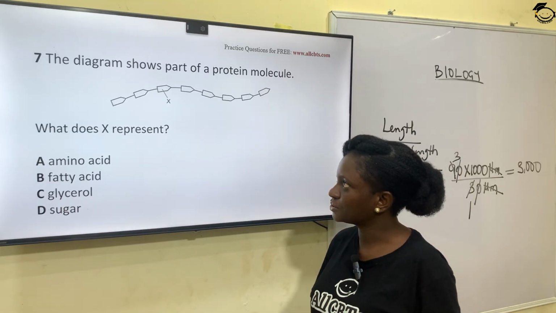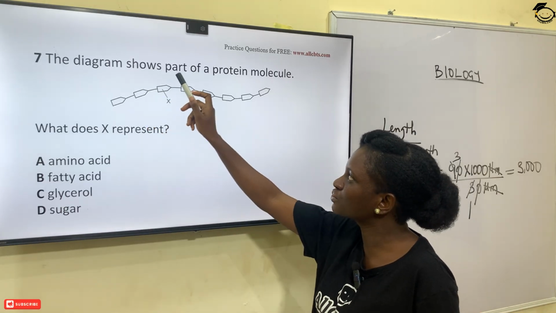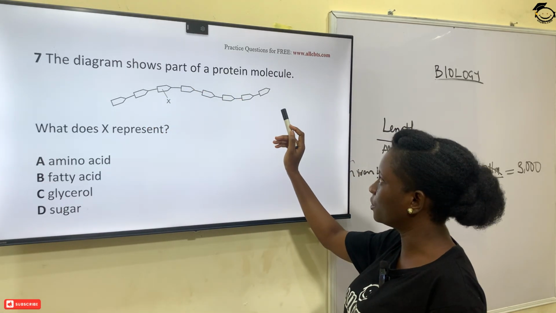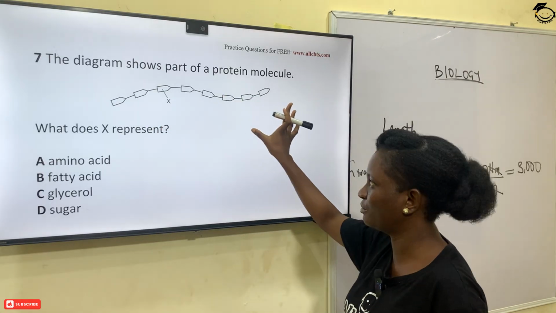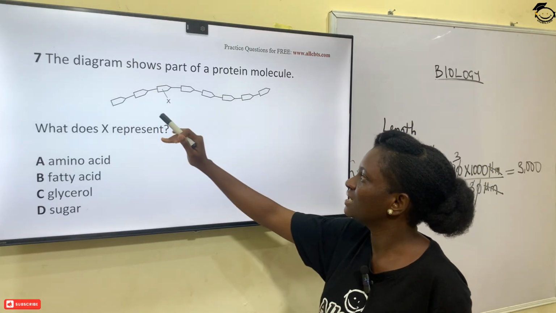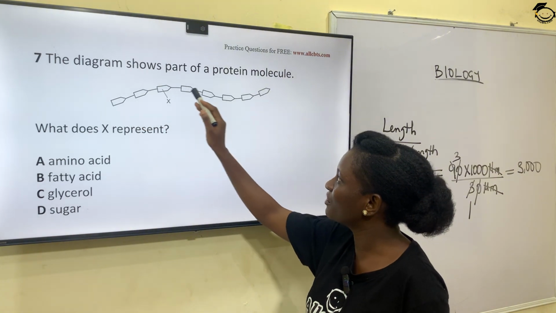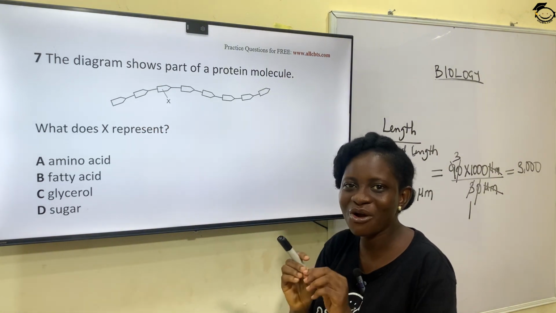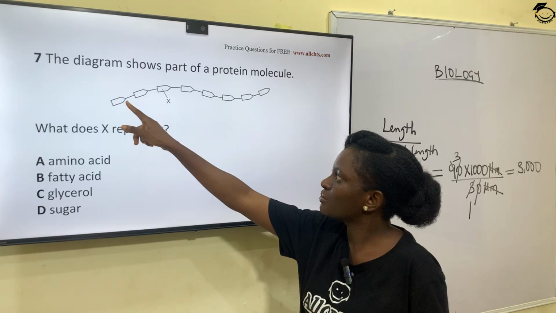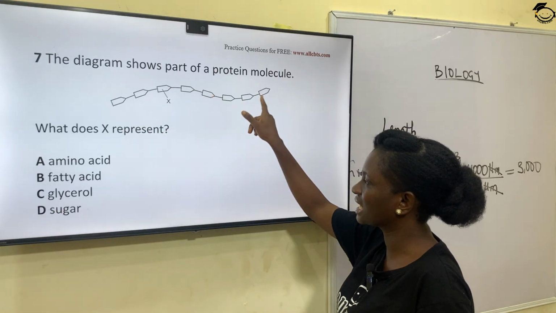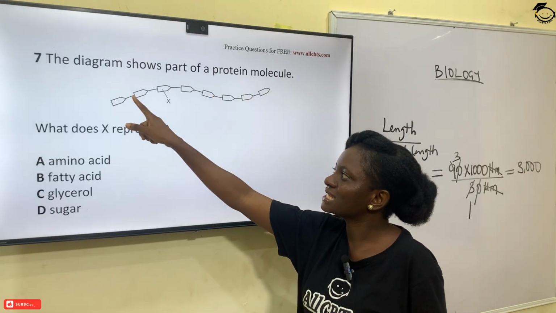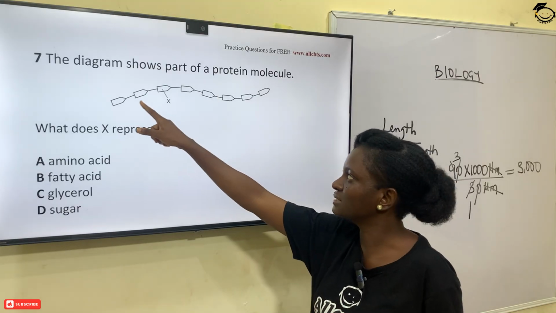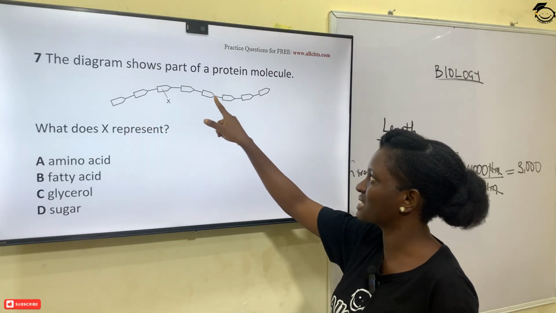The next question. The diagram shows part of a protein molecule. This is a protein molecule, and you see these protein molecules, they have small units. These are the small units, right? They are connected together by a bond. This bond is known as a peptide bond.